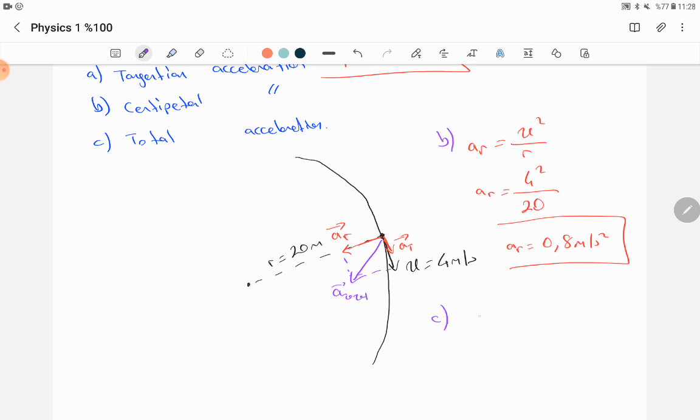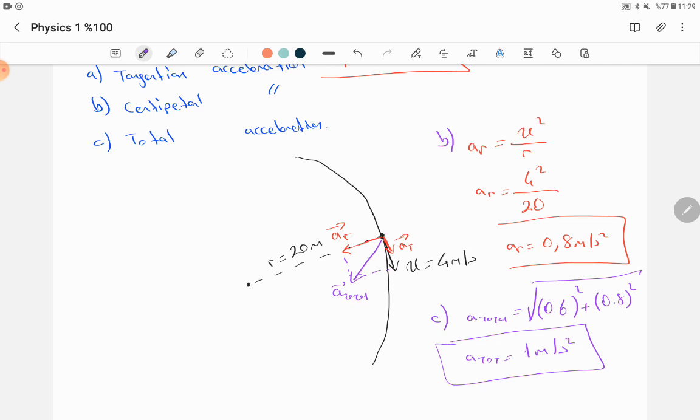Acceleration is a vector quantity, so this is a vector sum: 0.6 squared plus 0.8 squared, and we find the total acceleration is 1 meter per second squared.